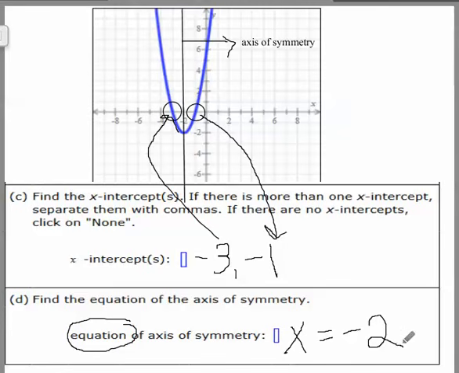If you just put -2 and you don't have that x equals, you'll get it marked wrong. So please make sure you're very careful there and you give them the equation. Our graph could be going the other direction. It could be flipped on its side, and if that was the case, the axis of symmetry would be something like y equals -5 or y equals 4. So it's really important that we include this x equals, so that they know which direction our graph is pointing.